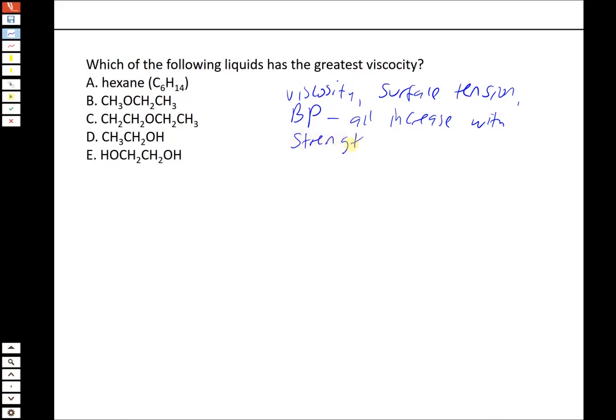So the stronger the intermolecular forces, you're going to have higher viscosity, higher surface tension, higher boiling point, all that stuff, okay?